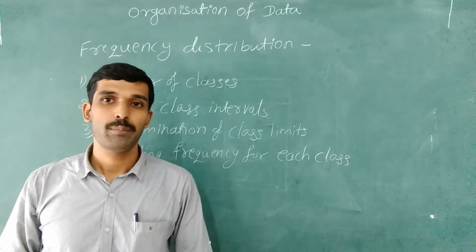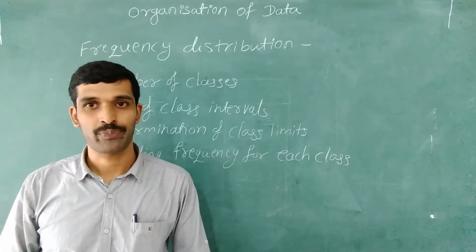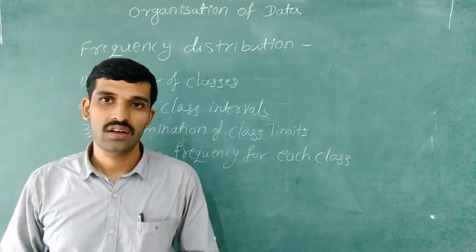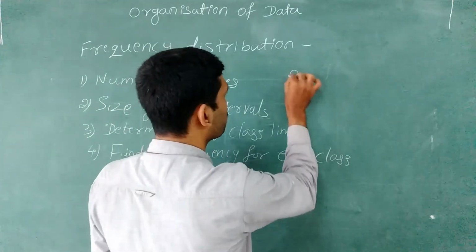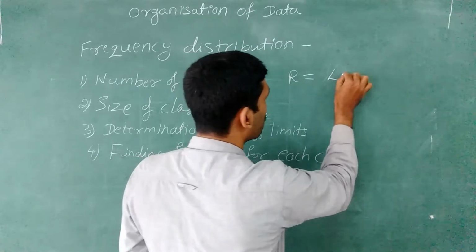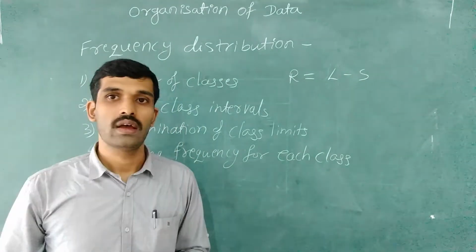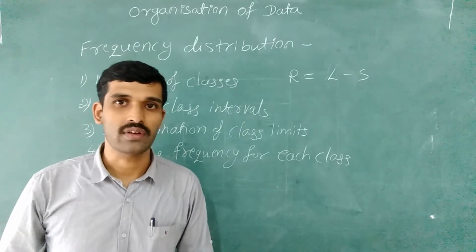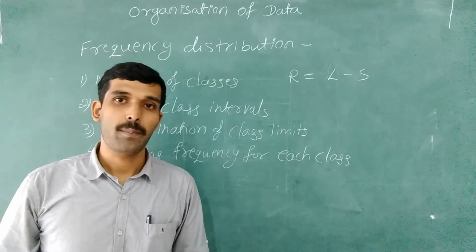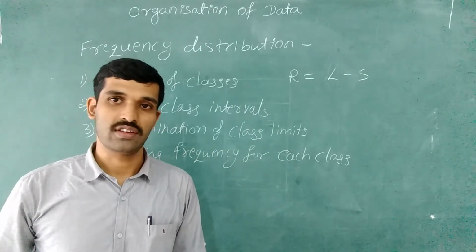In that, the minimum value is 0 and the maximum value is 100. While finding the range, we use the formula R = L - S. What is L and what is S? L is the largest item and S is the smallest item. Largest item minus smallest item is equal to the range.